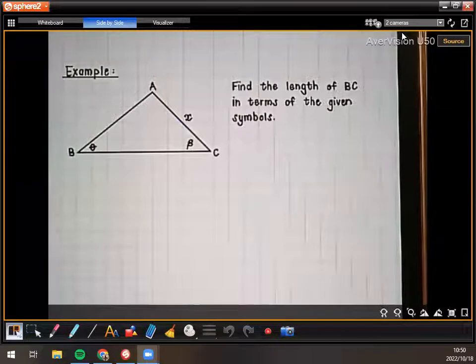Alright, here we go. So it's just one basic triangle, but now guys, the only thing here is that we're not working with any numbers, we're now working with variables. Okay, so we need to work with that kind of thing as well. So we need to find the length BC in terms of the given symbols.